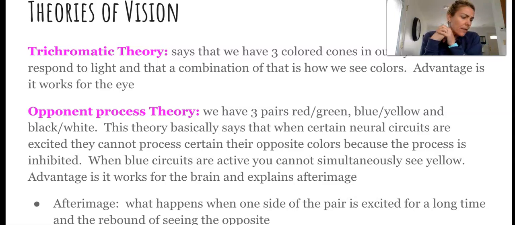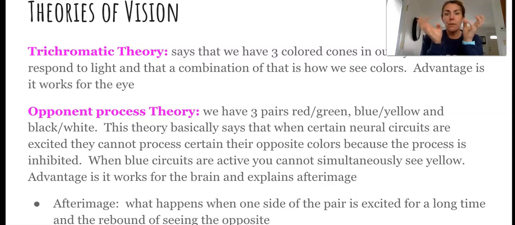The opponent process, that's where you have these three pairs of cones, and it goes red-green, blue-yellow, and black-white. Basically the theory says that when these certain neural circuits get excited, they can't process the opposite color, okay, because it's inhibited.